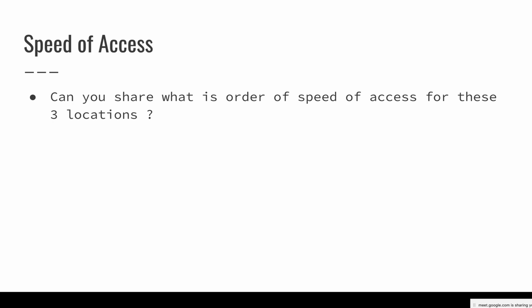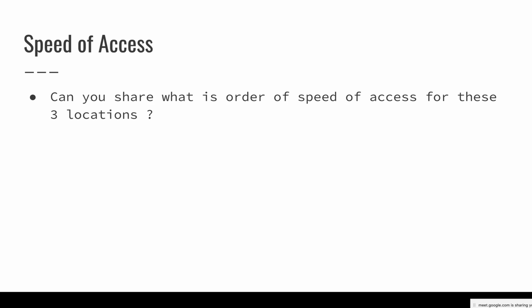Now, here comes another question. What is the speed of access for these three locations? Can you give me a speed of access pattern like A greater than B greater than C, quickly on the chat board? Ashish has responded. Neeraj has also responded. Great. Dhananjay, correct. Vinu has also responded.